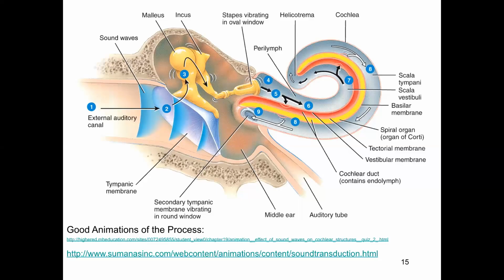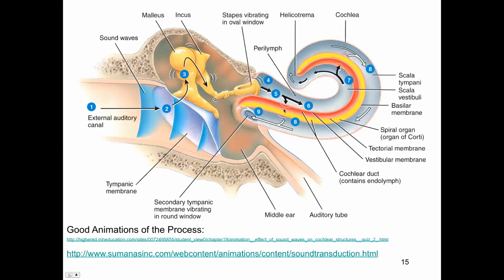Now, what's going to happen is that we have fluid within the organ of Corti, which is where we actually are now going to sense the sound. This organ of Corti here in the middle has another set of fluid in it. This is called the endolymph, and you'll see that there's another membrane here.